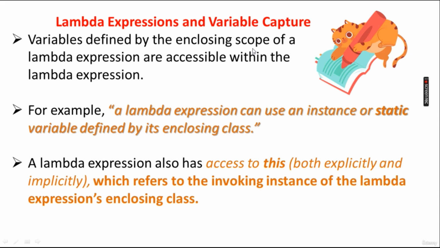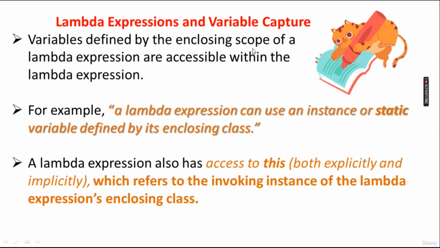A lambda expression can use an instance or static variable defined by its enclosing class. Okay, a lambda expression also has access to this, both explicitly and implicitly, which refers to the invoking instance of the lambda expression's enclosing class.